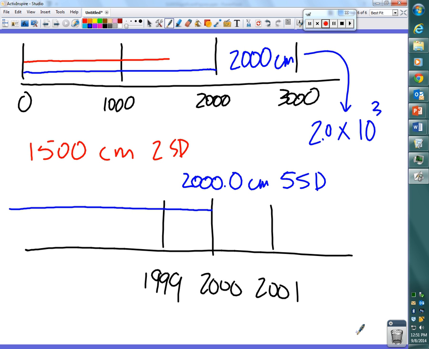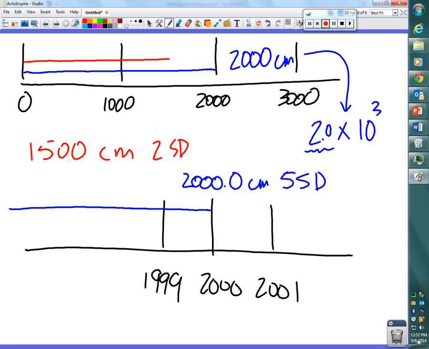But 2.0 times 10 to the third, if we move this over 3 places, what do we end up with? 2,000. By showing this in the coefficient, we don't change the value, it just changes what's significant in the value. Okay? So, long story short, anything that you write in scientific notation is significant. Good there?